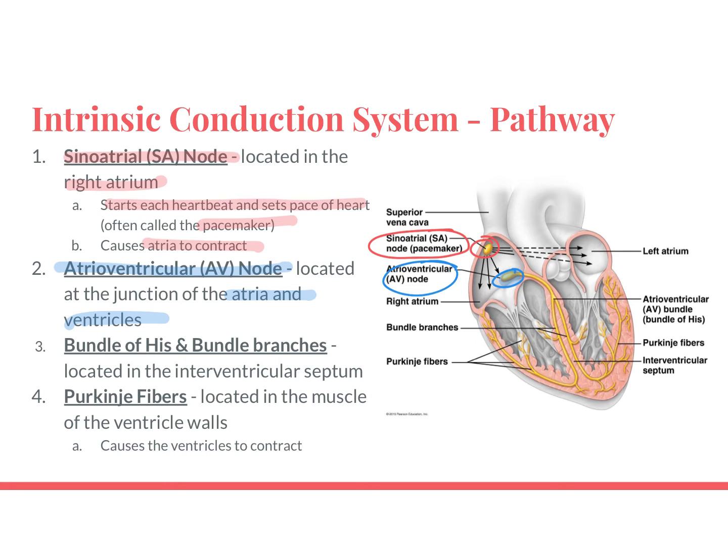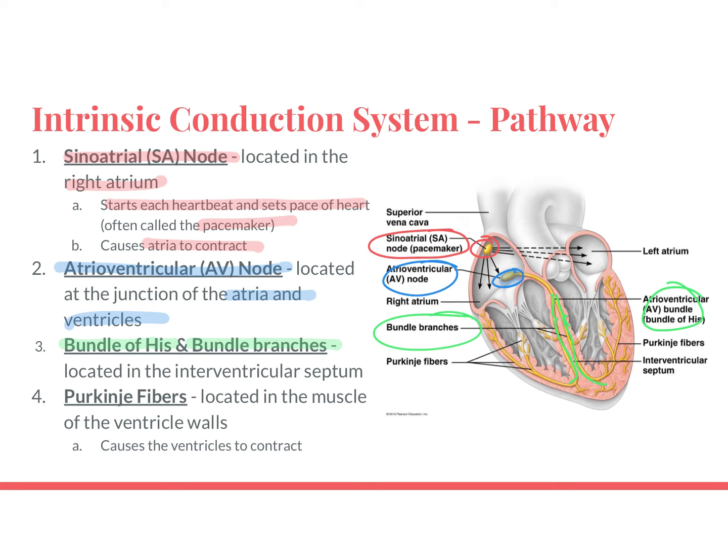So the signal starts at the SA node and then travels to the AV node. Now it's going to go down the bundle of His and through the bundle branches. So there's the bundle of His, and then the bundle branches kind of continue down the septum.